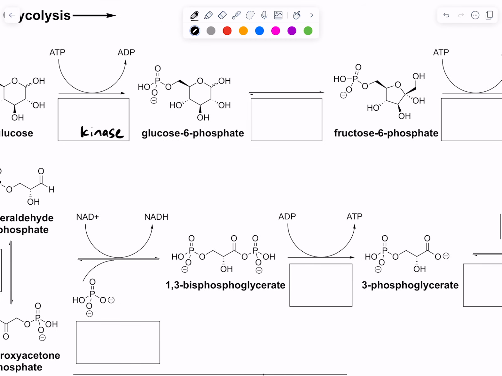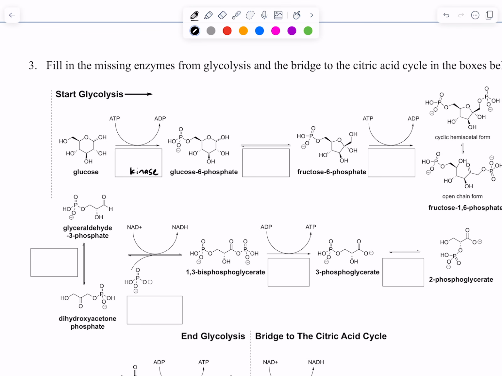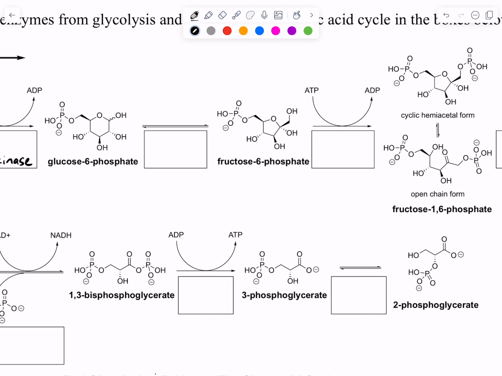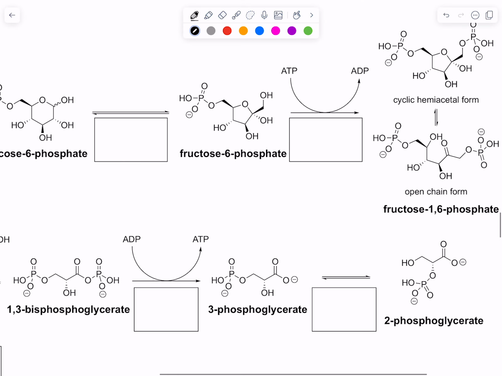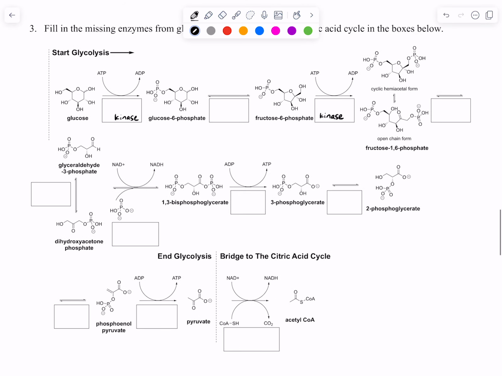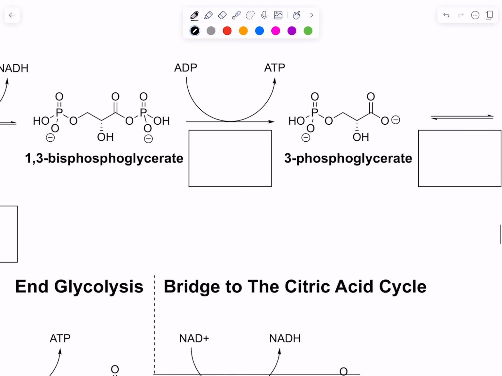What are the other kinase steps in glycolysis? Yeah, look for all the ATPs. It's that easy, right? So fructose 6-phosphate to fructose 1,6-bisphosphate should also be a kinase. 1,3-bisphosphoglycerate to 3-phosphoglycerate.